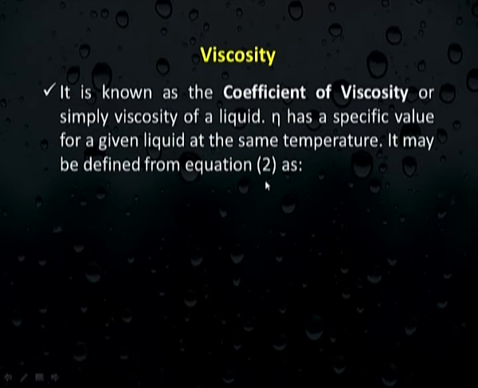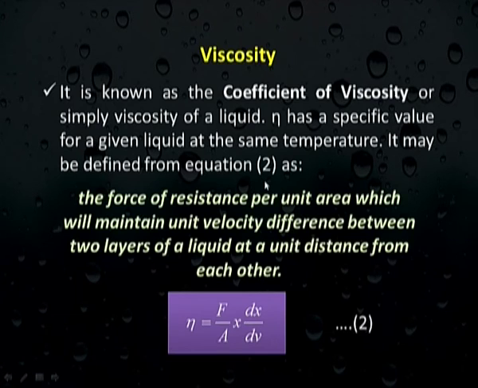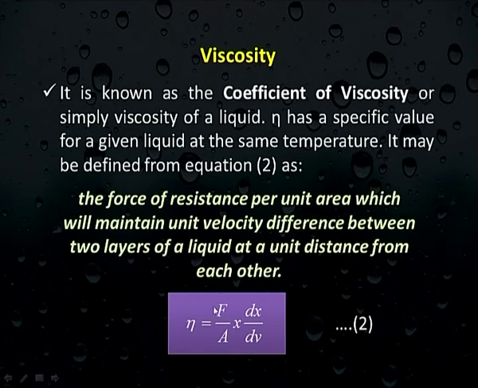It may be defined with the help of this equation. The force of resistance acting per unit area, which will maintain unit velocity difference between two layers of liquid at a unit distance from each other.